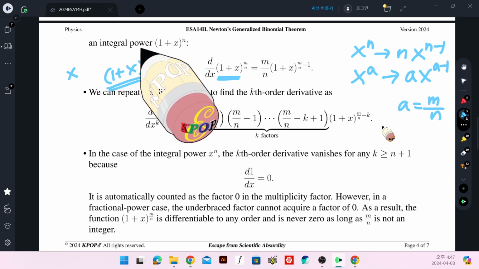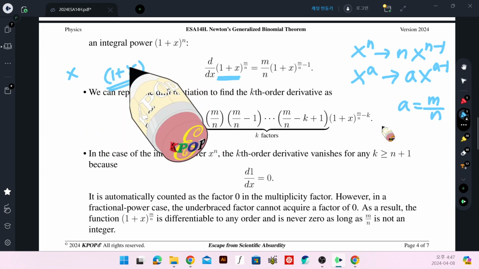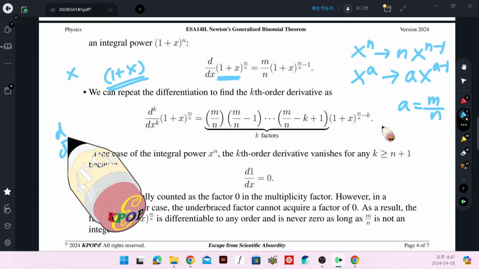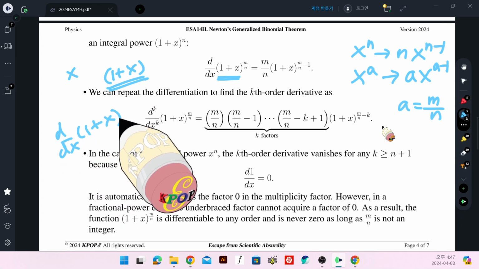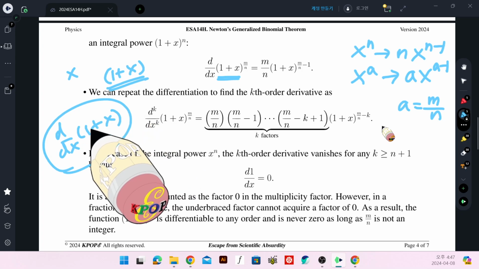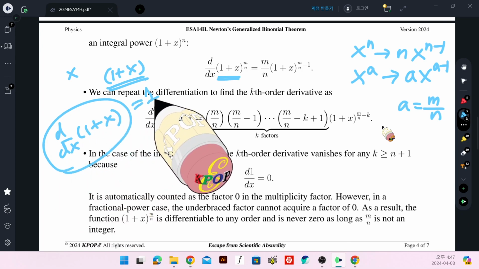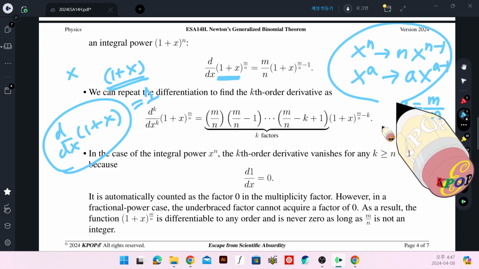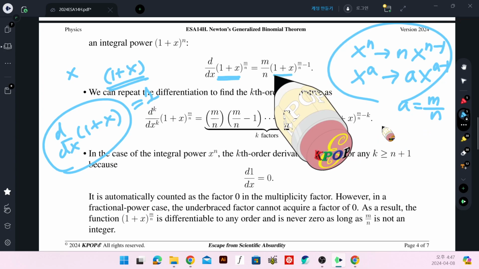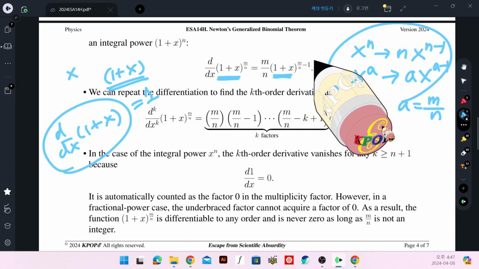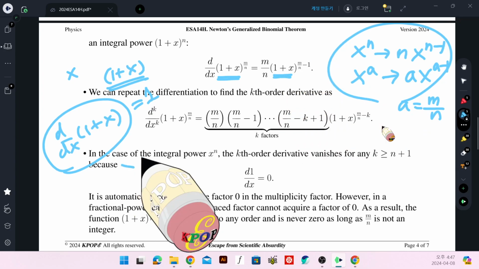There is no big difference. What we have to do is apply the chain rule, and at the end of applying the chain rule, we have a trivial factor that is 1. So the derivative rule is more or less the same as this, except that in the final stage we have powers of 1 plus x instead of powers of x.